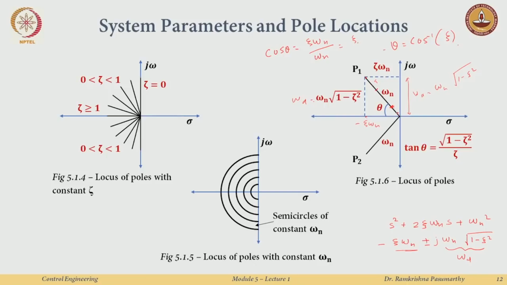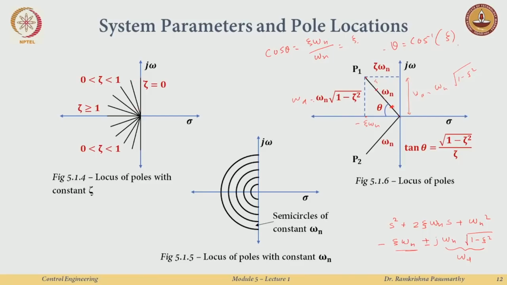So all these lines are lines which I call constant zeta lines. If I just take any arbitrary line here, for which theta would be fixed, and move along this line, my theta is fixed whereas omega n changes.